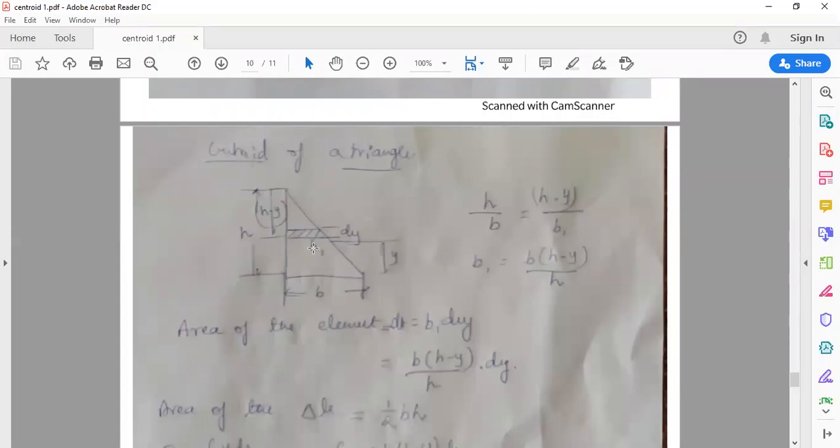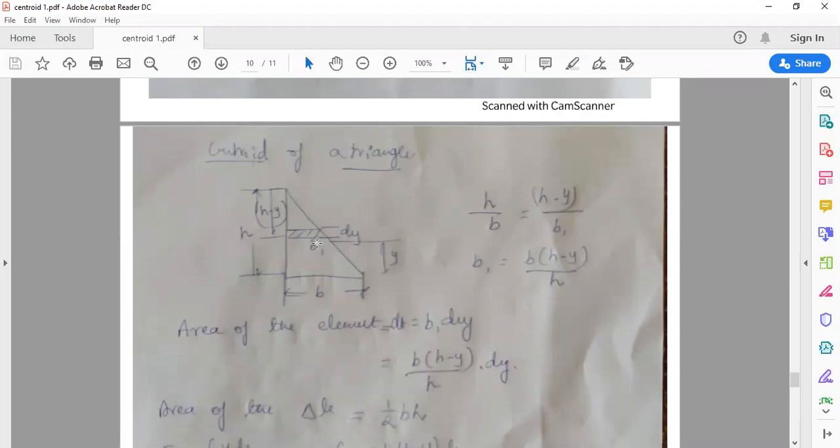This strip is in the form of a rectangle. There is a small inclination that we can neglect, because it is a small finite elemental strip. We can neglect this small projection and consider the strip a rectangle.